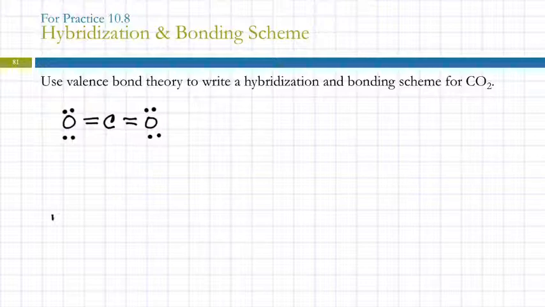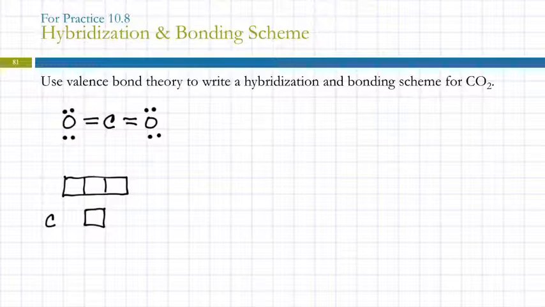So we can look at the carbon in the center and look at its atomic orbitals, s and p. It's got 4 valence electrons, so they'll be in here like this. And then we're going to draw the hybridized orbitals. From the 2 electron groups, we know we need sp.